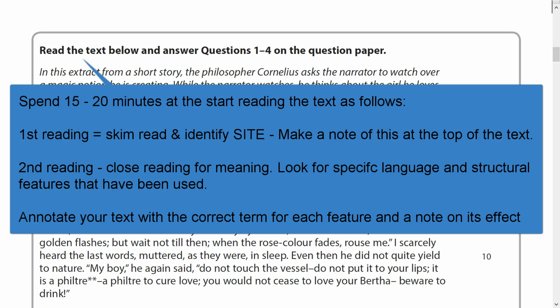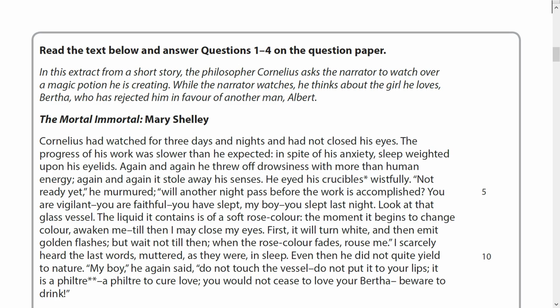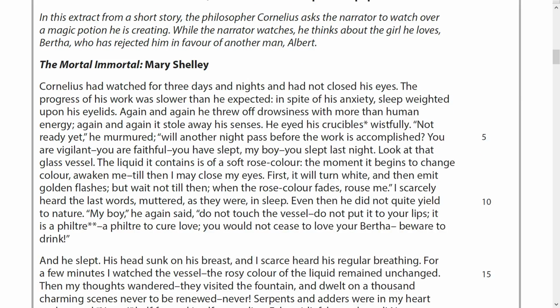So you need to go back after that initial skim reading and pick out any significant language features or structural features. And I would advise you to do some colour coding there, maybe have language features in one colour and structural features in another. Okay, so begin by a general skim reading to identify the elements of CITE, and then a more detailed reading for meaning, close reading, looking at specific language and structural techniques that you can then refer to in your response to question 3.